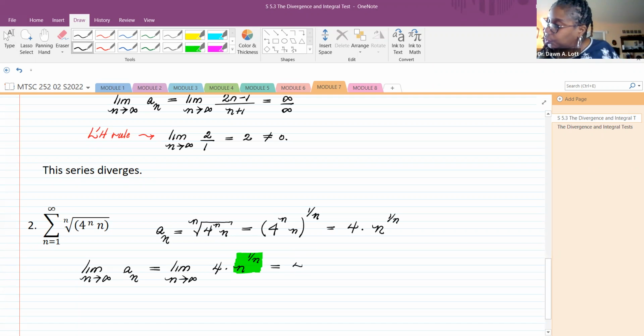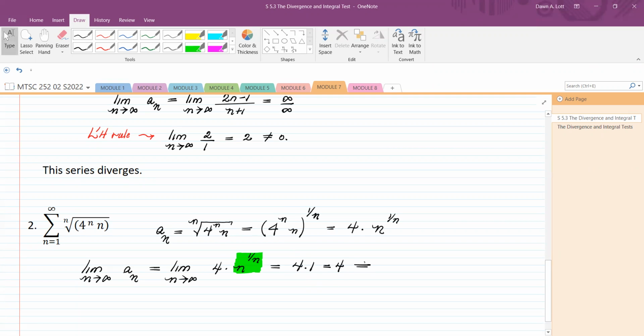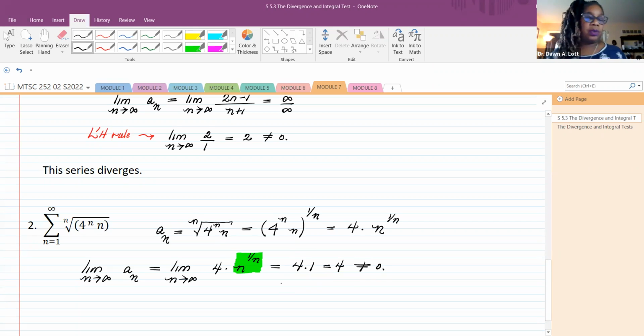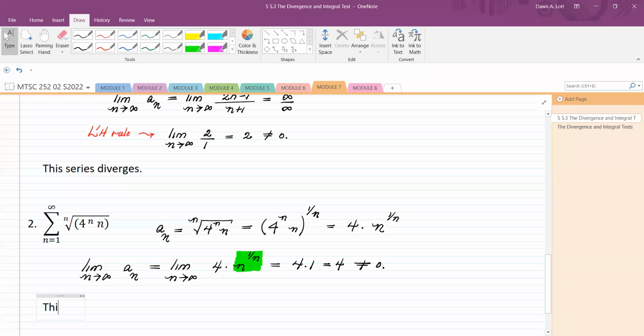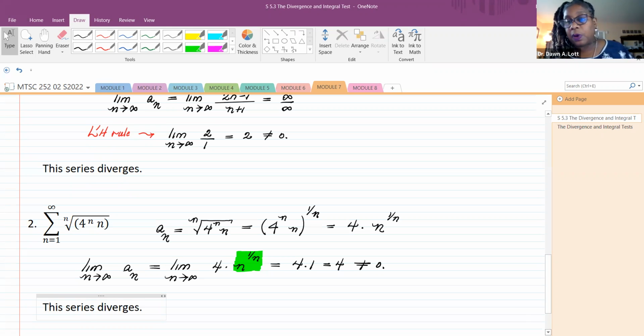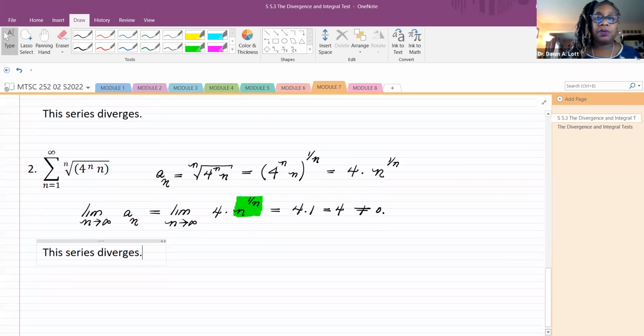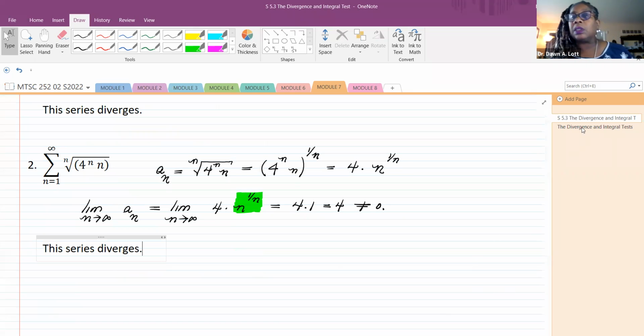Okay, so this goes to 4 times 1, which is 4, which again is not equal to 0. So this series also diverges. Okay, so far we don't have anything concrete. Let's look at number 3.